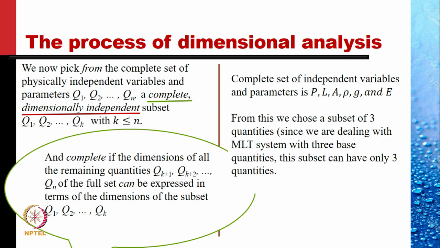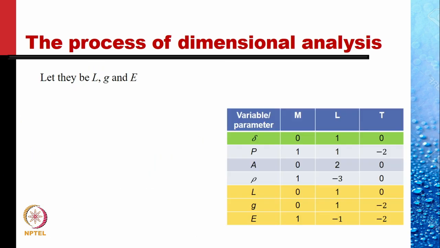Since we are dealing with the MLT system, with these 3 base quantities, this subset can have only 3 quantities. 3 quantities can provide you a complete and dimensionally independent subset. If we choose 4, then most probably the 4th quantity will not be dimensionally independent of the other 3.